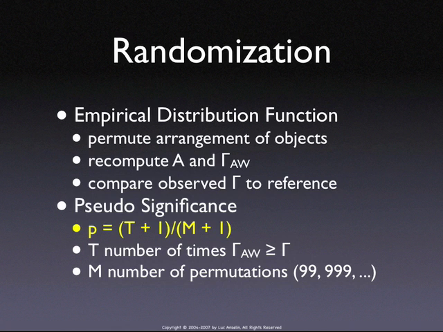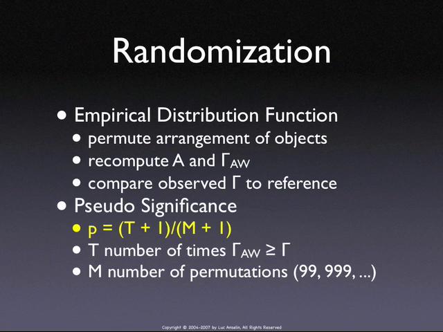Right? Nothing is equal to or larger than the observed one. The observed one is the tail of the distribution. Everything is less than that. So if t is 0 and m is 99, the p-value is 1 over 100. It's 0.01. You can't do any better than that. It's impossible by the nature of the process that we follow.